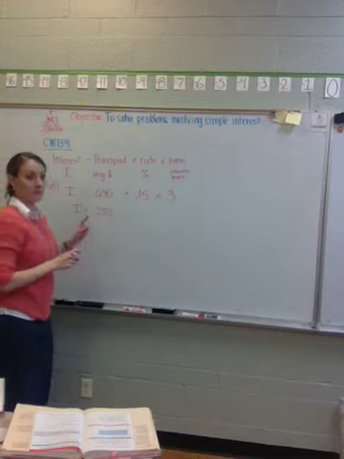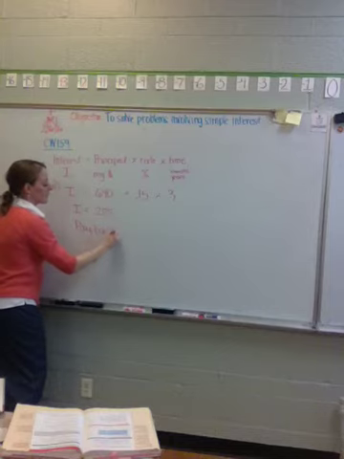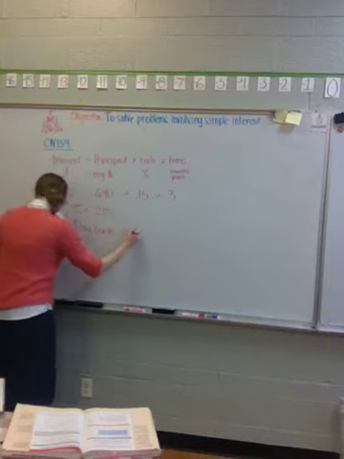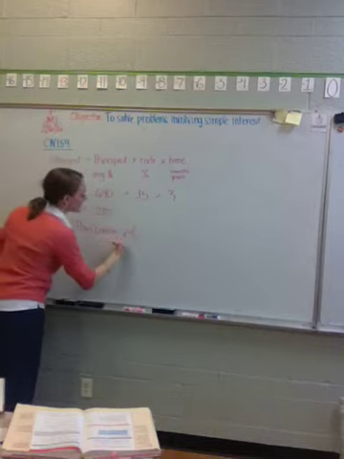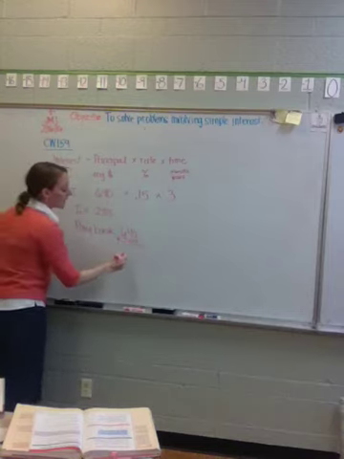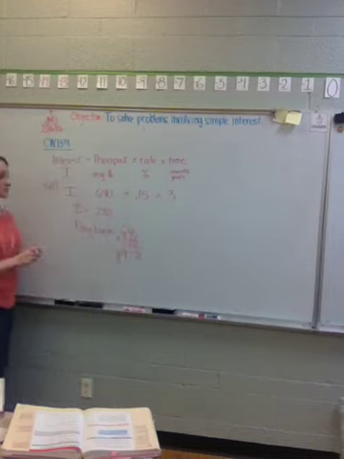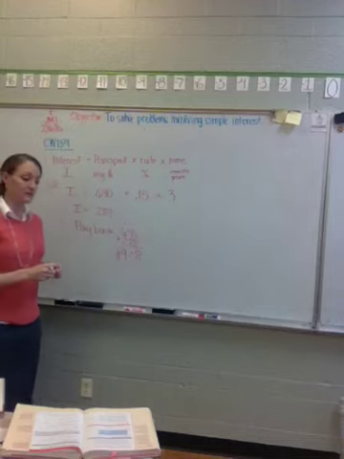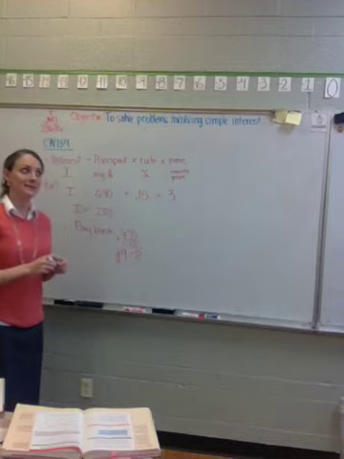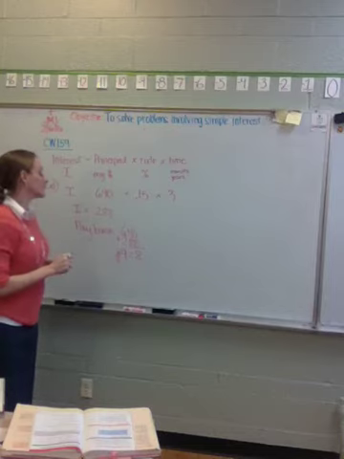You can add it to the original? Yeah, I'm going to have to pay back my original $640 plus my $288. Does that make sense? So I've got $928. I can tell you 15% is rather steep interest rate for a loan, maybe that's just my opinion.